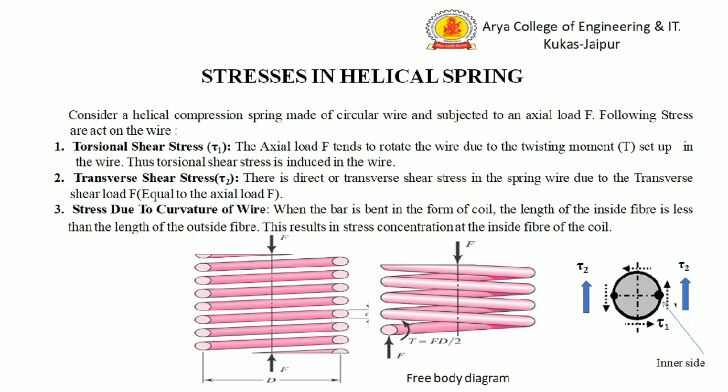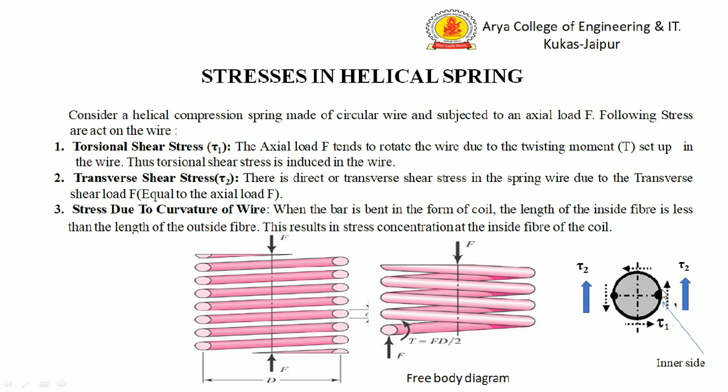It is very clear from this diagram that this is the inner fiber and this is the outer fiber of this section which we consider for the equilibrium. So at the inner fiber, these two stresses, tau 1, this dotted line represents the torsional stress tau 1, and tau 2, both are in the same direction.